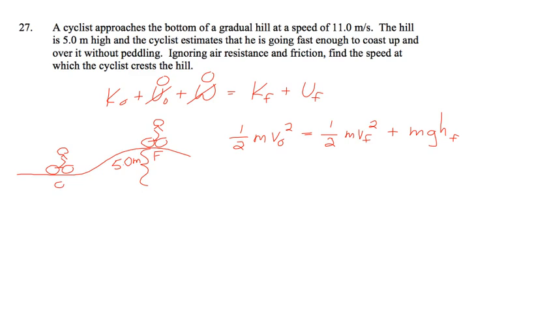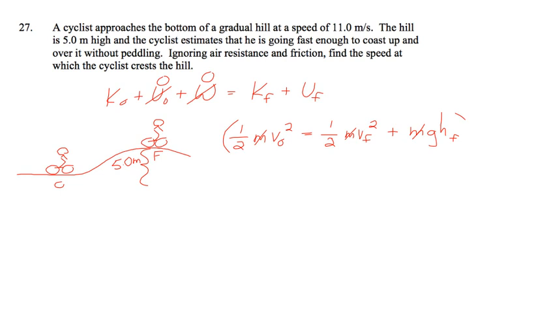Now it's just algebra. The unknown is to find the speed with which the cyclist crests the hill. So we're looking for that. So all I have to do is rearrange this equation to get that by itself. Also notice that the mass wasn't given in the problem, and we don't need the mass because the mass is in every term that we have here. So I can cancel out the mass from all three.